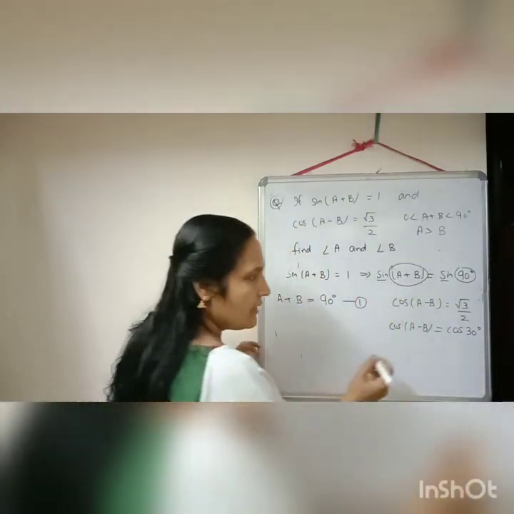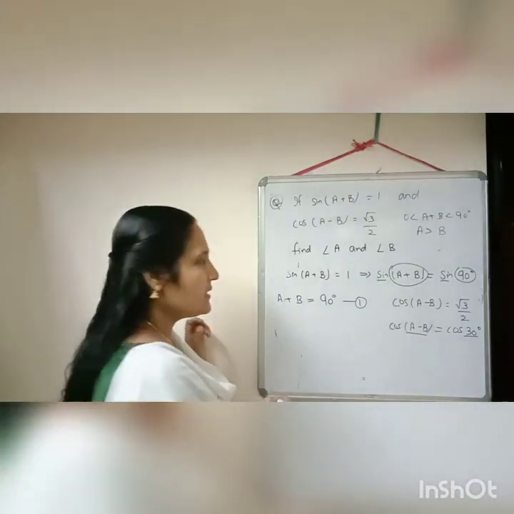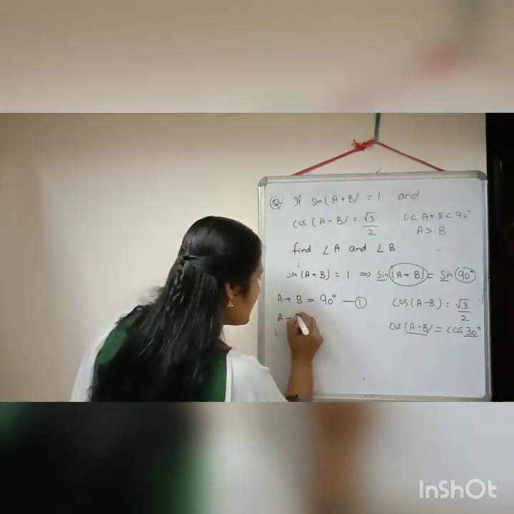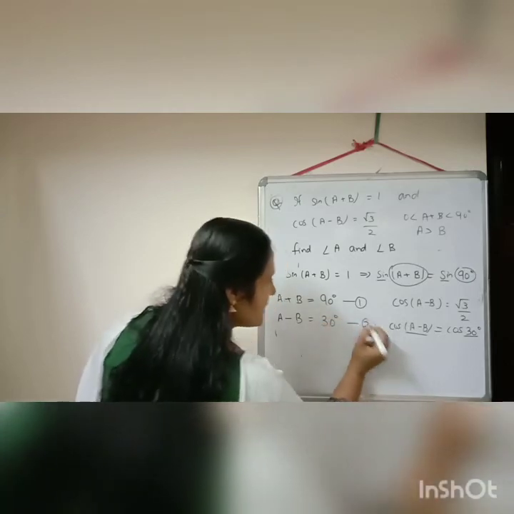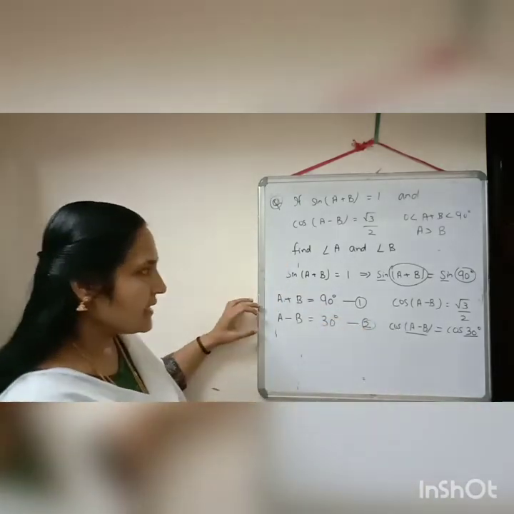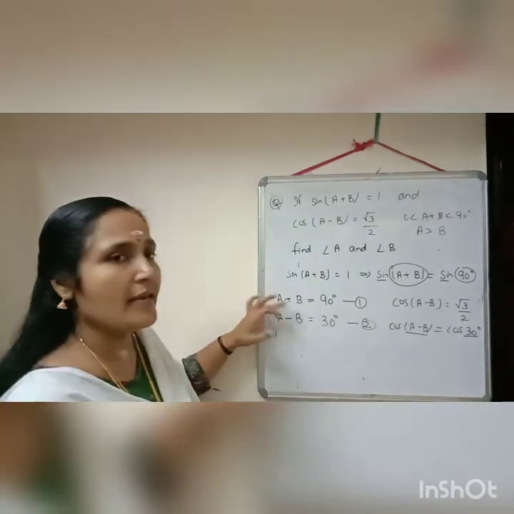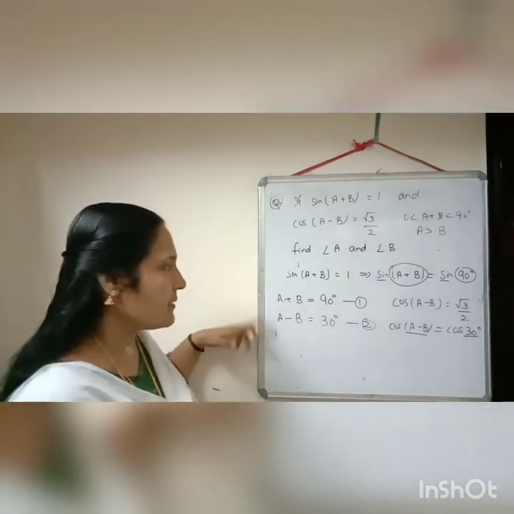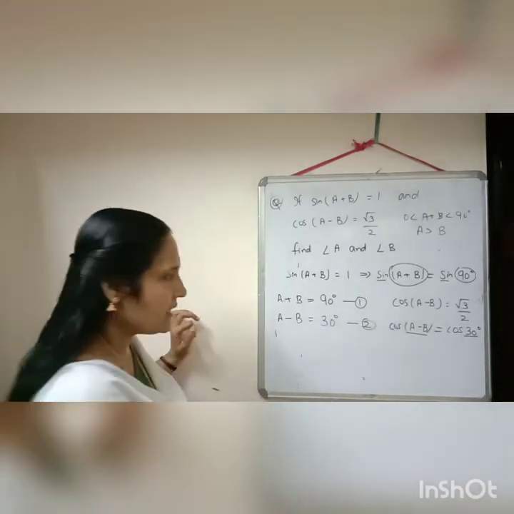So from here again, A minus B is equal to 30 degree. So our second equation will come, A minus B is equal to 30 degree. Equation 1 and 2. So by seeing this, any concept you are remembering? Yes, we have two variables there. So we'll use the concept of solution of a pair of linear equations in two variables.